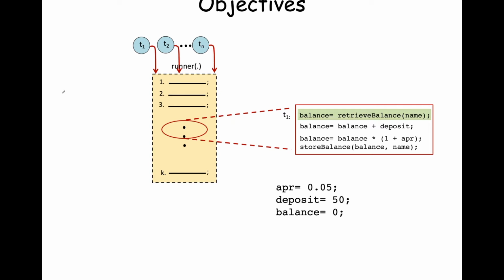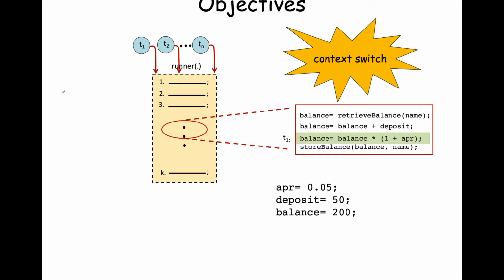So the first thing we do is thread 1 executes the first statement, retrieves the balance, and let's say that balance was $150. And then it adds the deposit. It's now $200. And all of a sudden, we get a context switch. Once that context switch happens, the scheduler selects a new thread to execute, thread 2.